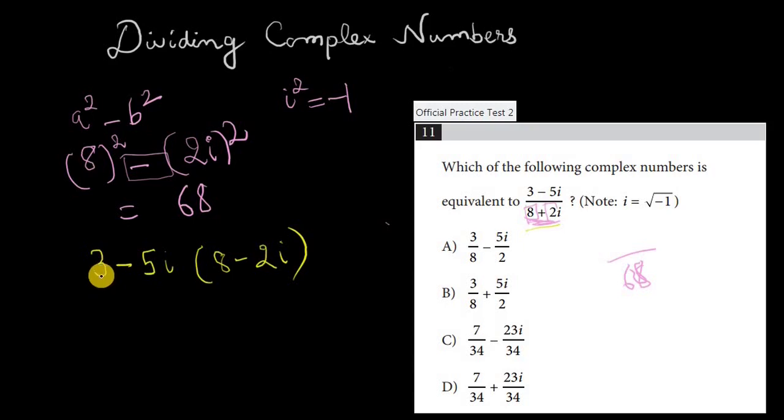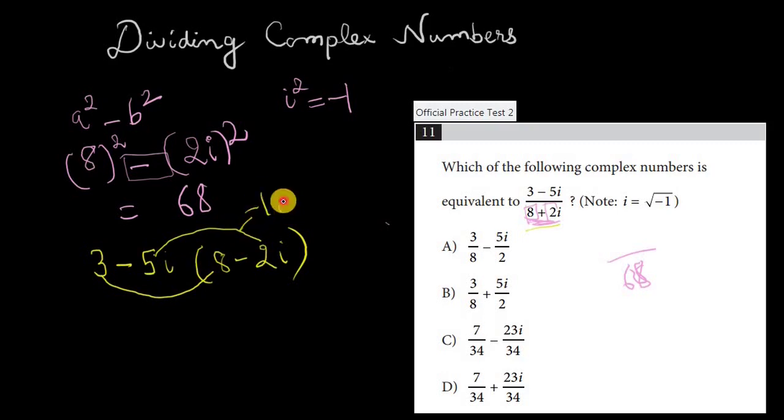You first take the real part of the first complex number, multiply it with the real of the second, you get 24. Then you take the imaginary part of the first one and the imaginary of the second one, and that's going to be negative 5 times negative 2, which is 10, and then i squared is going to be negative 1. So that's going to be negative 10.